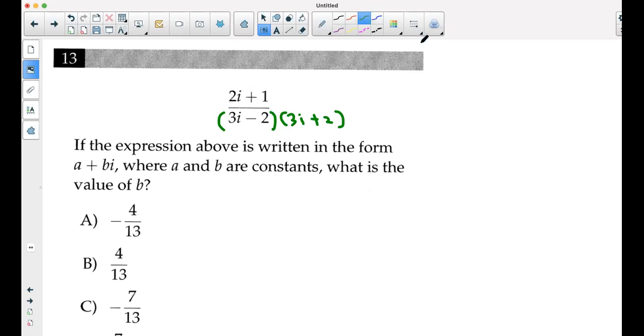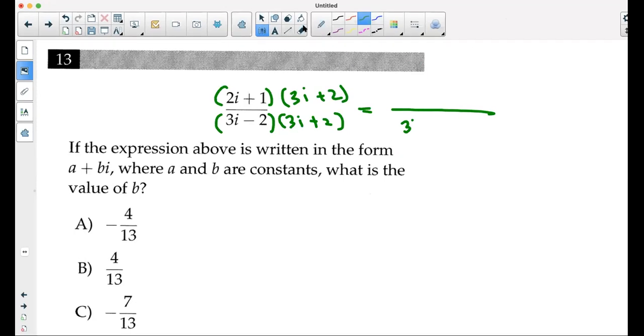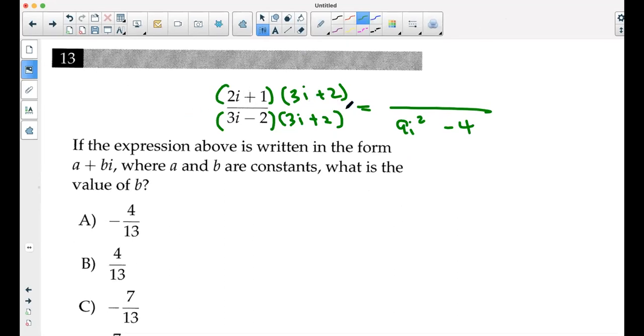Okay? Now, in this case, what do we end up getting, guys? I gotta multiply top and bottom the same way. Then the bottom one is a difference of two squares. So we have 3i squared, so I can call that 9i squared, minus 4. How about the numerator?